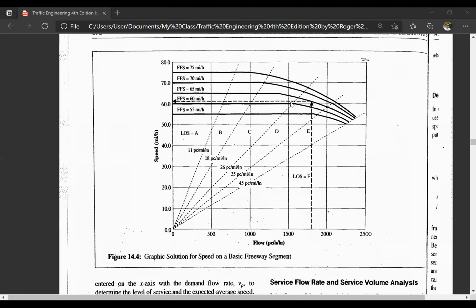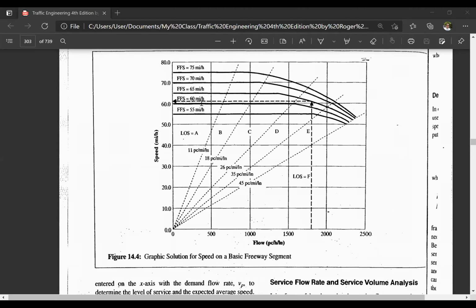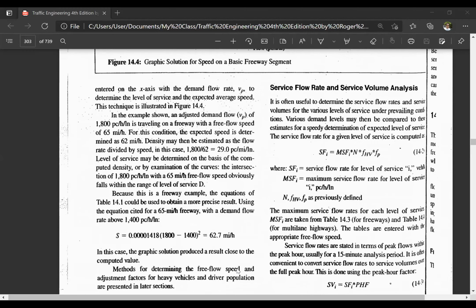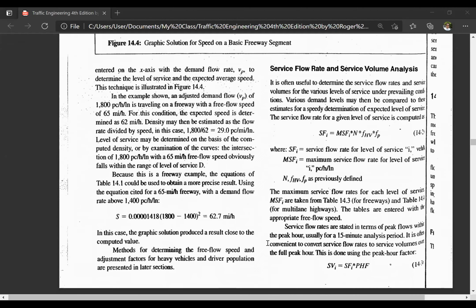Hitting over here, it says that at 1800 passenger cars per hour per lane, the speed is about 62 miles per hour. But if you use the equation, you can identify 62.7 miles per hour.